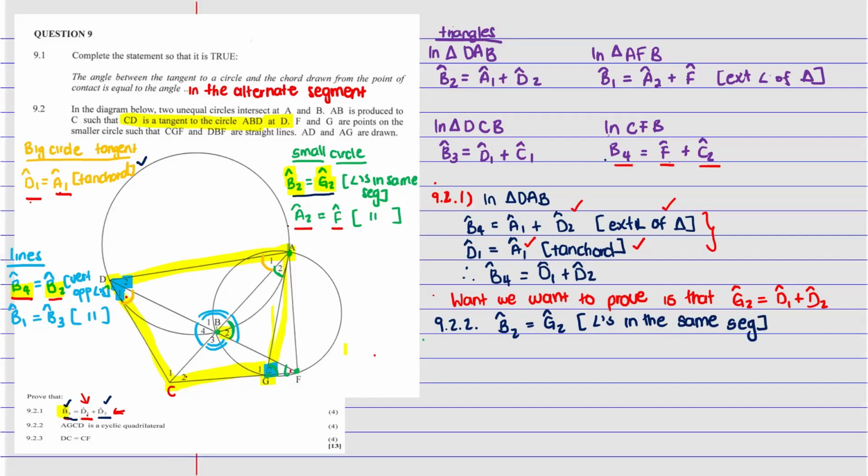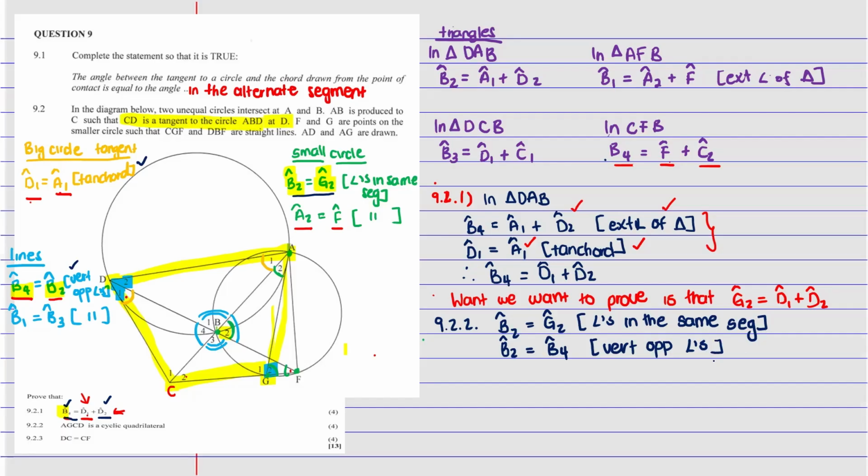But what do we know about angle B2 and angle B4? They are vertically opposite angles. So we know that angle B2 is equal to angle B4, and our reason is vertically opposite angles. This is here, right? These are vertically opposite angles.